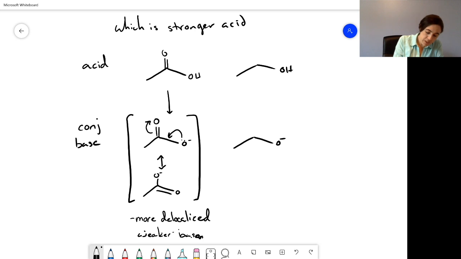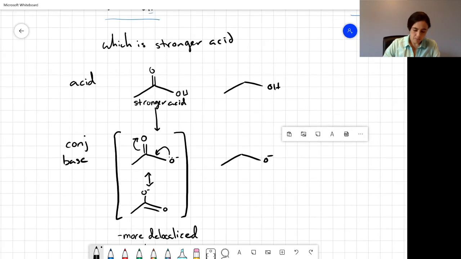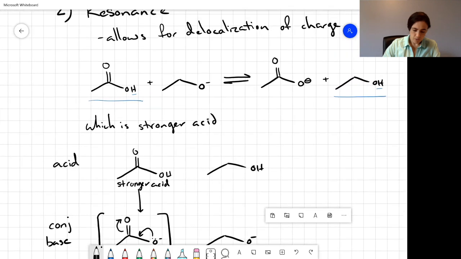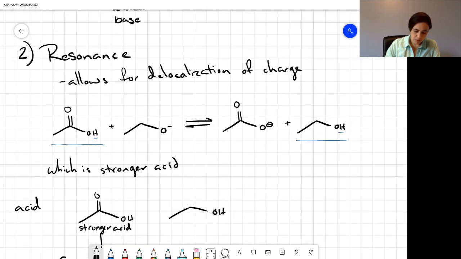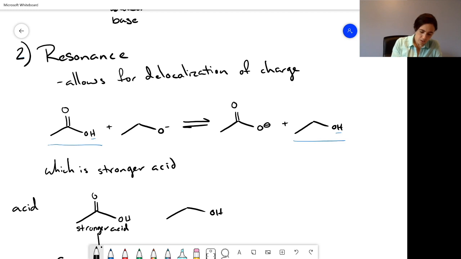If that's our weaker base, that means that this is our stronger acid. So that means if we come back up to our equilibrium, if this is our stronger acid, this side will be favored.